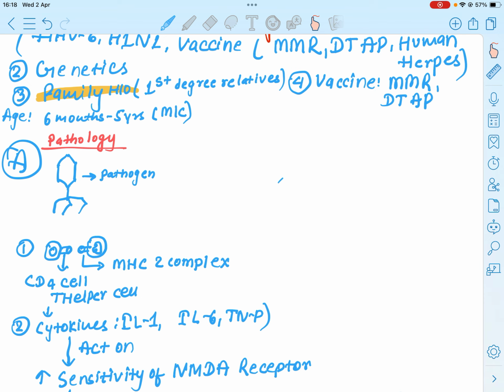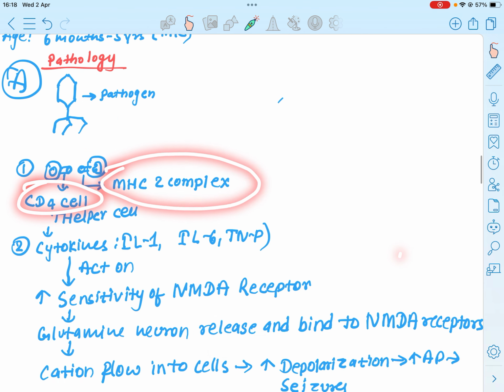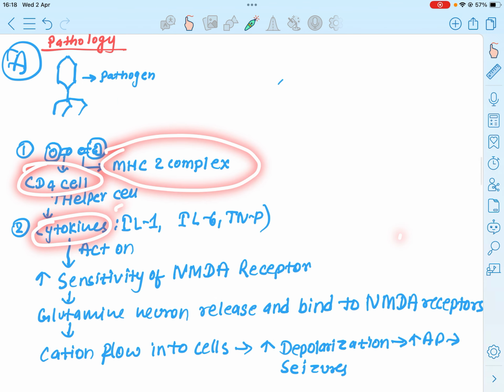the pathogen will activate T helper cells, and the CD4 cell will act with the MHC2 complex, and it will release cytokines like interleukin 1, interleukin 6, and tumor necrosis factor.